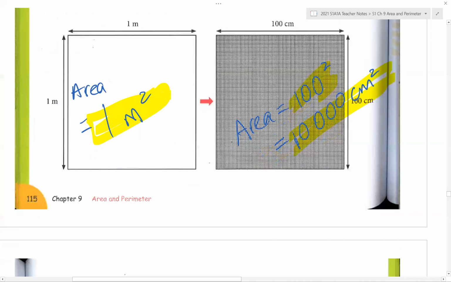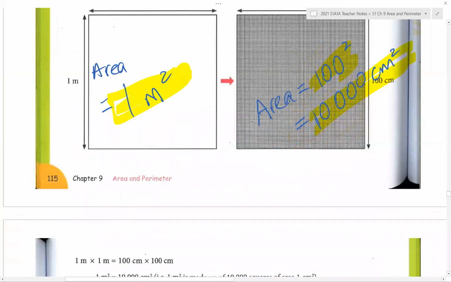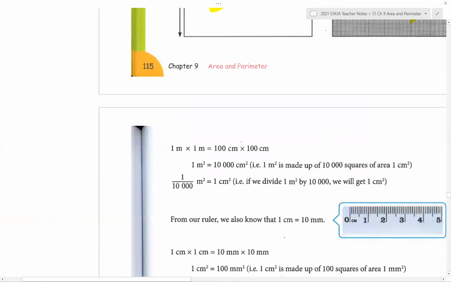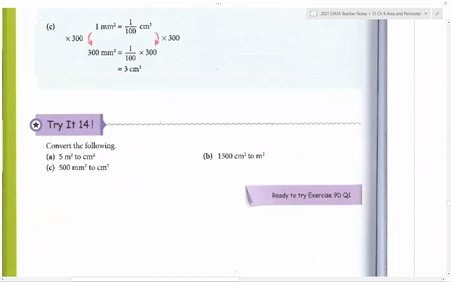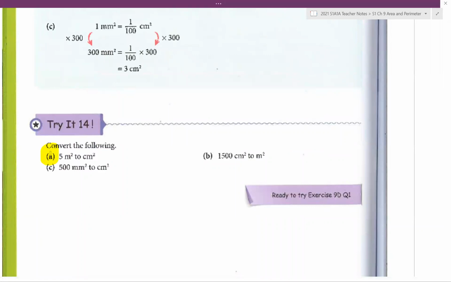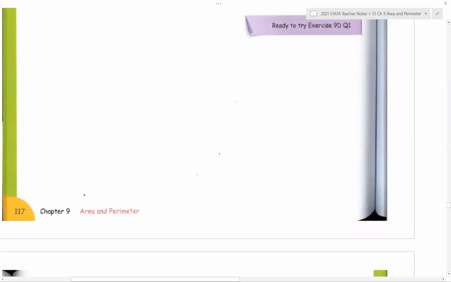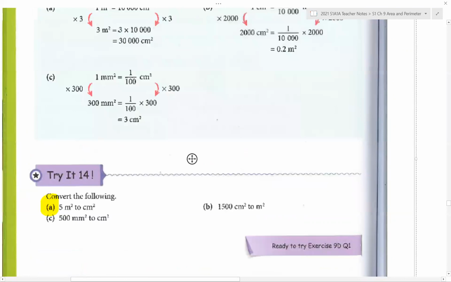Okay, so now your homework is try it 14 part A of your textbook. This is your homework. This is on page 117. Due Monday. But that is not all. This is not enough.